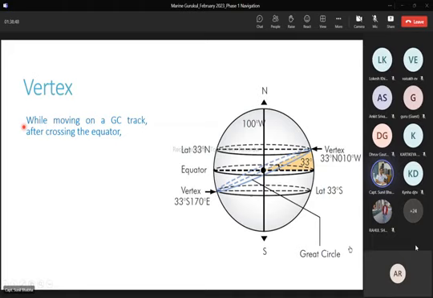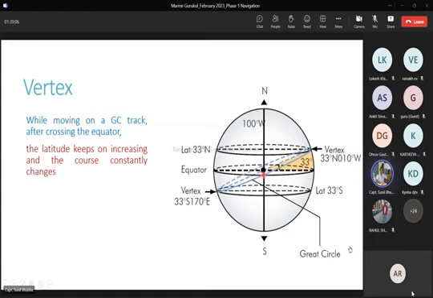Now, when the ship is moving on the great circle track, after crossing the equator, you can follow the laser pointer. The laser pointer is exactly at the location where the great circle crosses the equator.